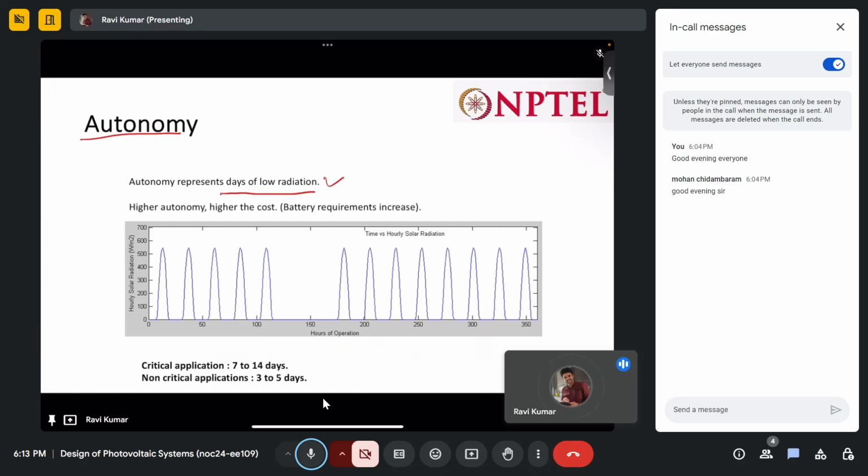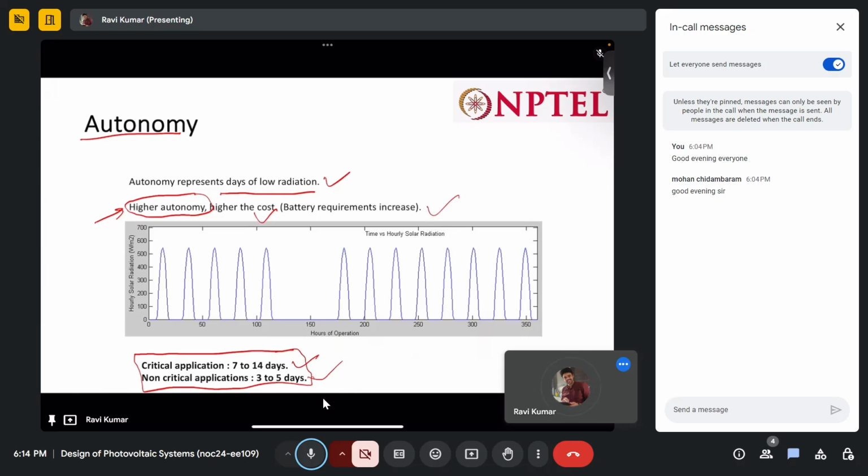If autonomy is low, it means the days with low radiation are few. But if the autonomy is higher, there are more days without any radiation. In that condition, the cost will be higher because we will require more batteries. Generally this is the thumb rule which we utilize. For critical applications, we assume autonomy of 7 to 14 days, and for non-critical applications 3 to 5 days.